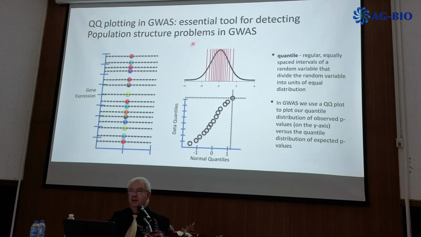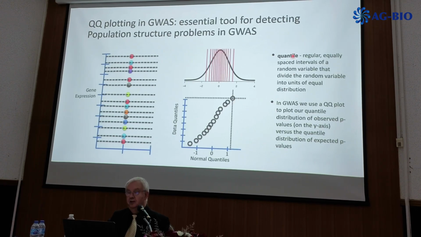And that brings me finally to the QQ plotting. I found a very nice explanation on YouTube, which I can share with those who like it. The quantiles are actually the expression of the genes, shown here as these dots, and you can compare them with the normal distribution, or with the uniform distribution.